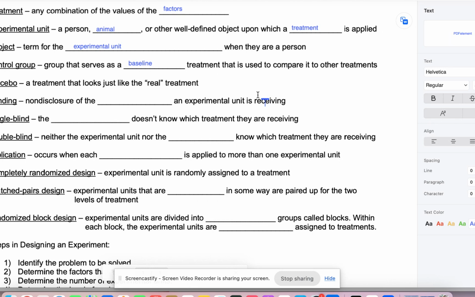So meaning that if you don't use a placebo, even the fact that people think they are getting medication sometimes causes differences in the response variable. So they use placebo so that everyone in the experiment could have thought that they might be receiving the medication. So it looks, feels, tastes just like the real treatment typically.